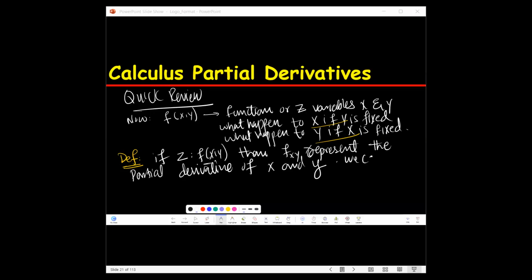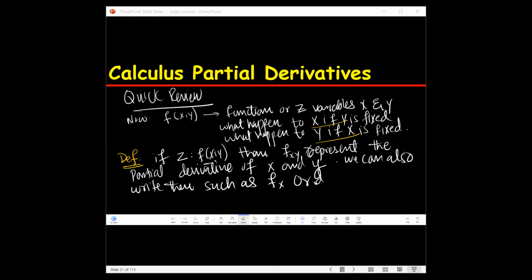We can also write them such as fx or fy, and that's the standard abbreviation we use.